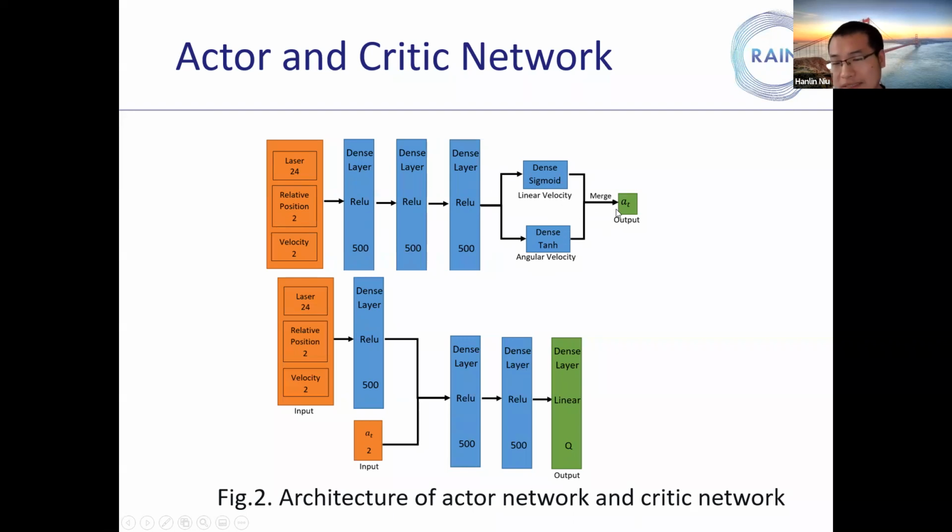We merge them as the network's output, which we call the action. For the critic network, it evaluates the current state and also the output of the actor network, and uses another fully connected layer to output the Q value function.